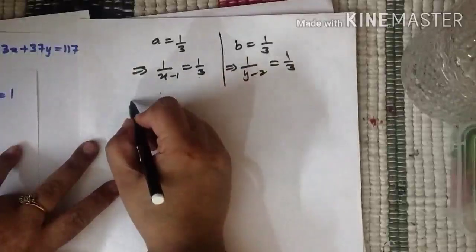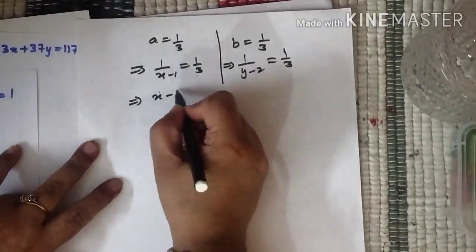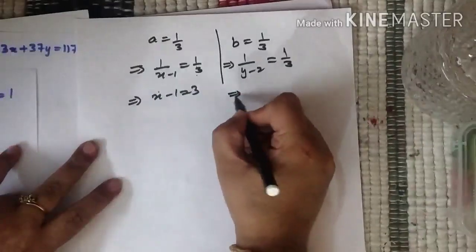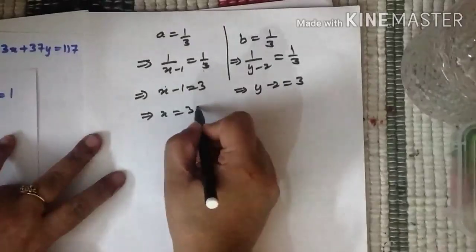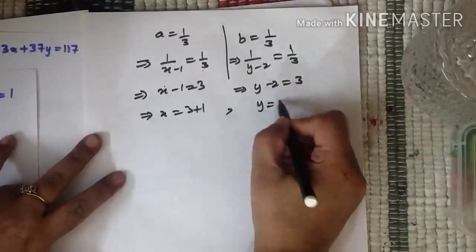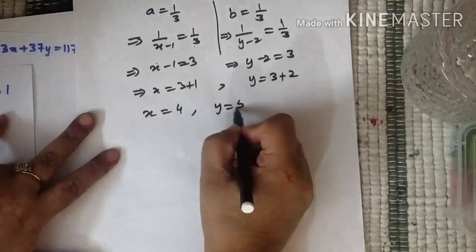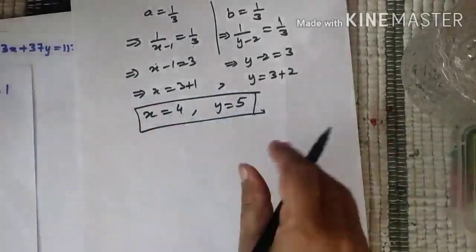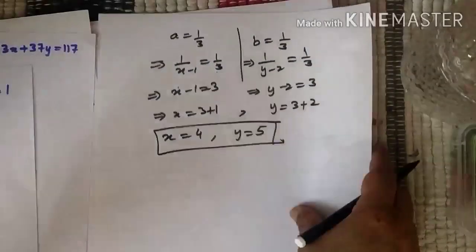Cross multiply, or you can say reciprocating both sides. I get x minus 1 equal to 3 and y minus 2 equal to 3. So we get x is 3 plus 1 and y is 3 plus 2. x is 4 and y is 5. That's the solution of the given set of equations, x is 4 and y is 5.